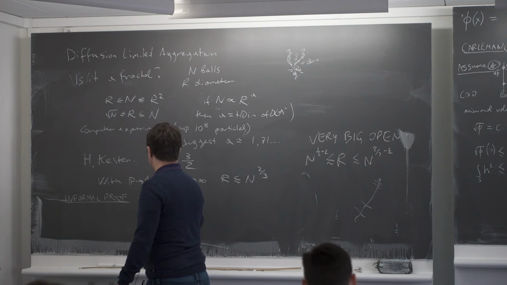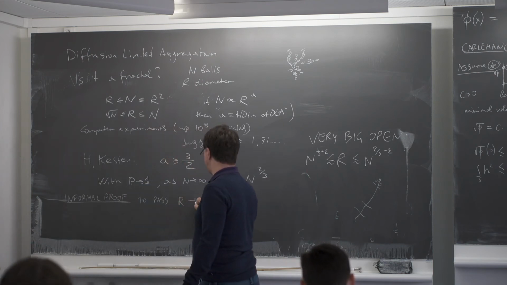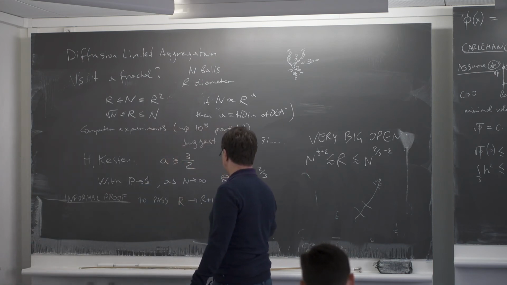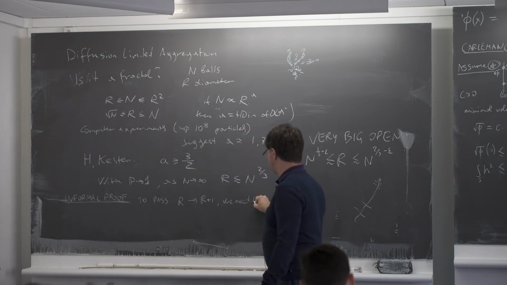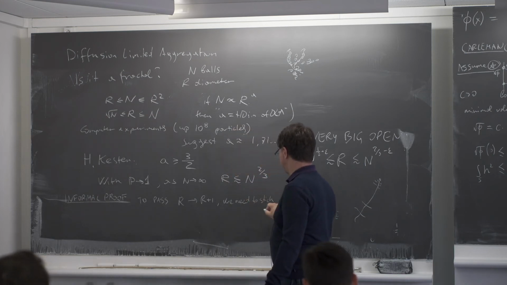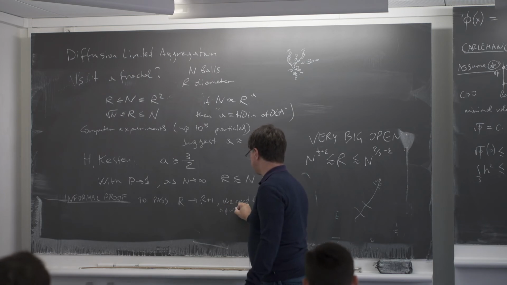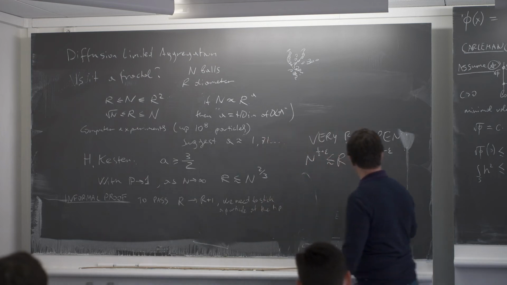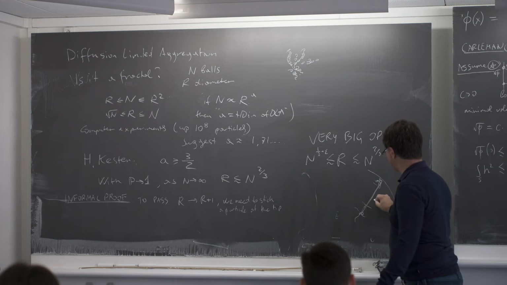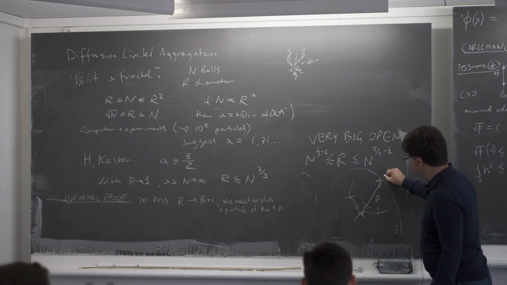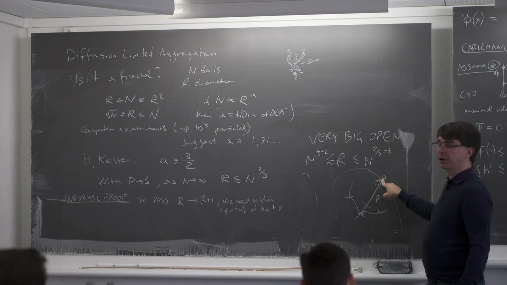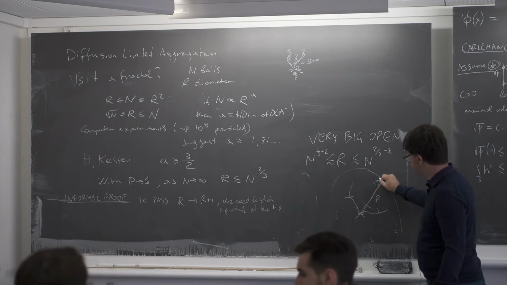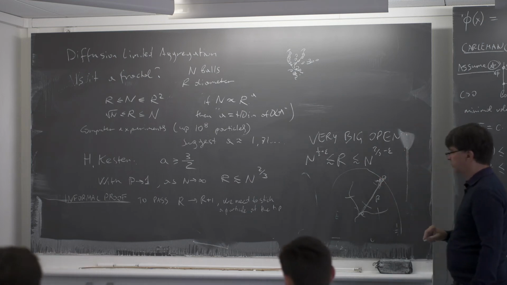So to pass from the size r to r plus 1, we need to stick a particle at the most exposed tip. So if you have some size r and you have your DLA, to pass to size r plus 1, we need to stick a particle right here in this region.